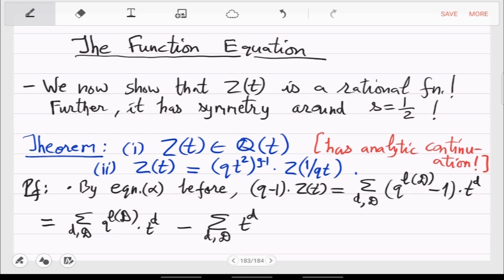So we showed that essentially when the degree is at least 2g minus 2, in that case we have a formula for the L dimension. And when the degree is smaller than that, then we don't have a formula. So we break the sum into two parts accordingly.